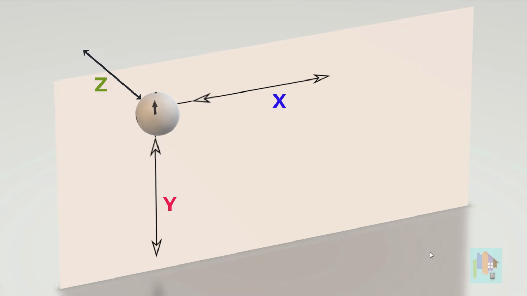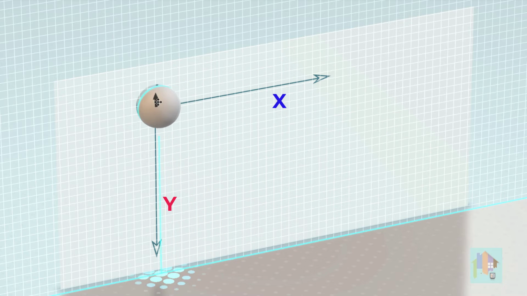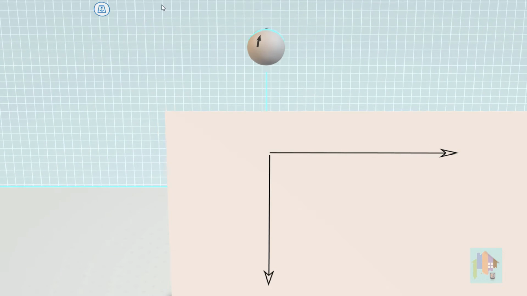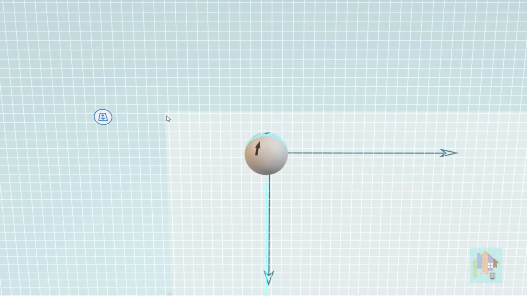Same axis orientation is followed in STAAD. If we consider the translational movement, this node can move along the x-axis, along vertical or y-axis, and also it can move in the out of plane or z-axis.